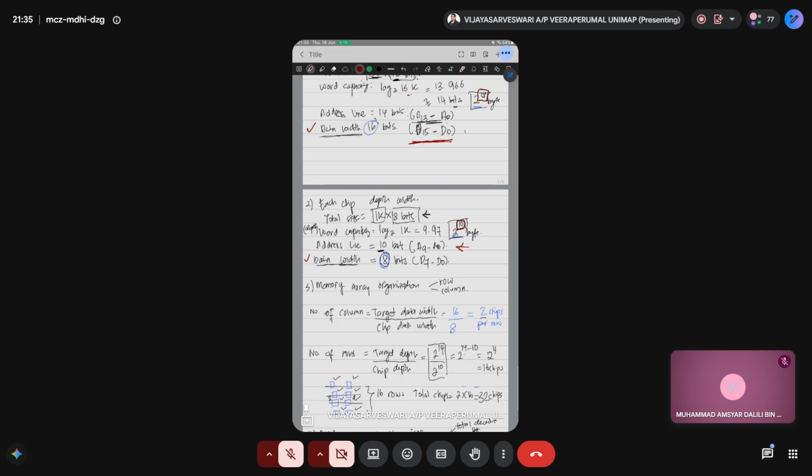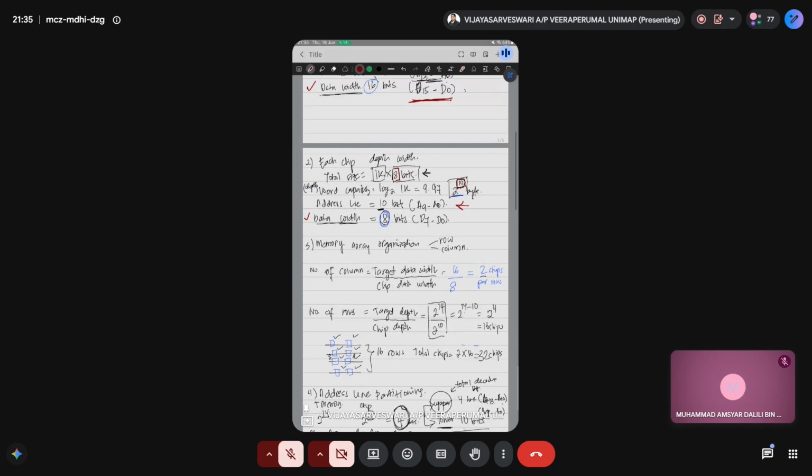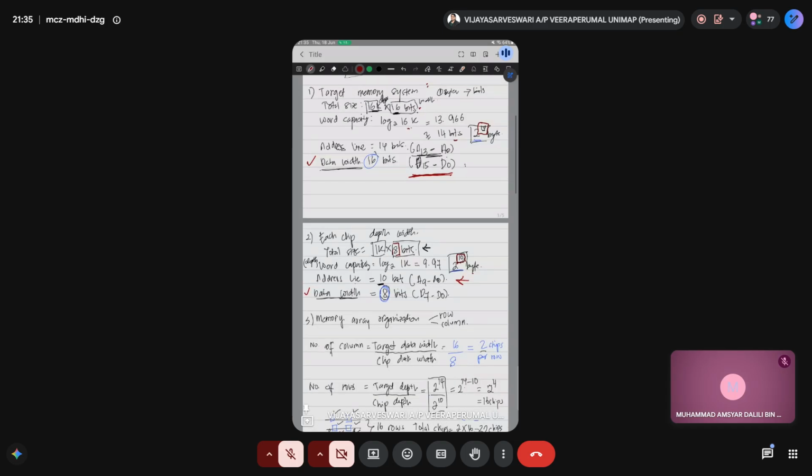For the data width, you just take the 8 here, so 8 bits, D7 to D0. That's all. Whatever we are doing in number 1 and 2 is what we are going to use at the designing part. That is the main thing actually.